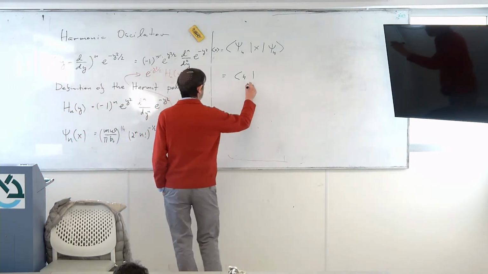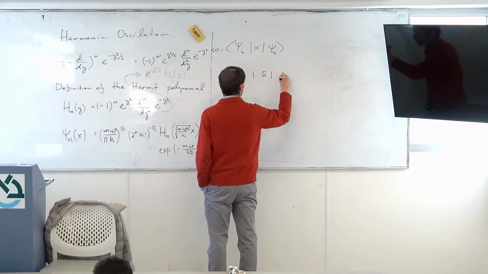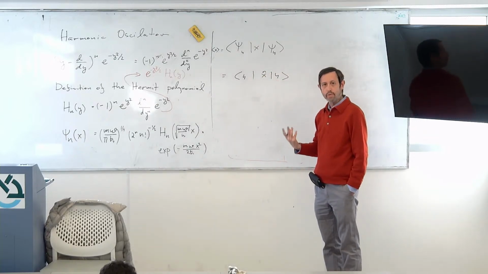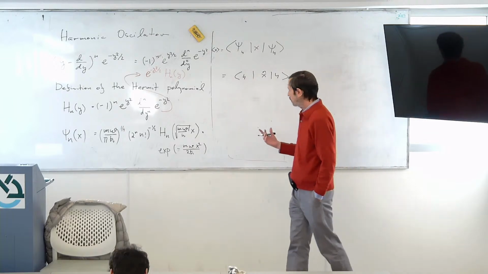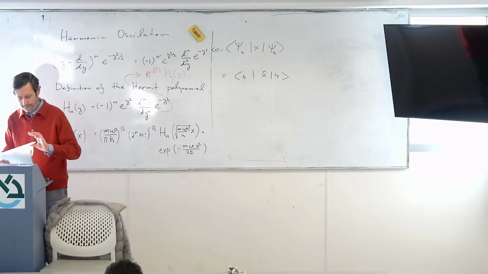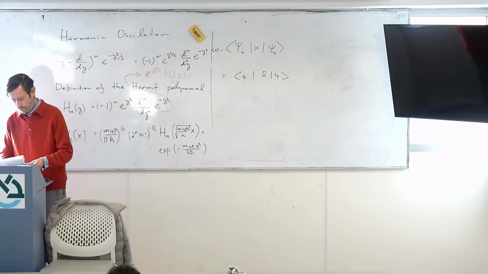I need to put in the operator x. I don't know how to operate on eigenvector 4, but I know what to do if I have a and a dagger. So, for the third or fourth time during this lecture, I'll write it down once more.